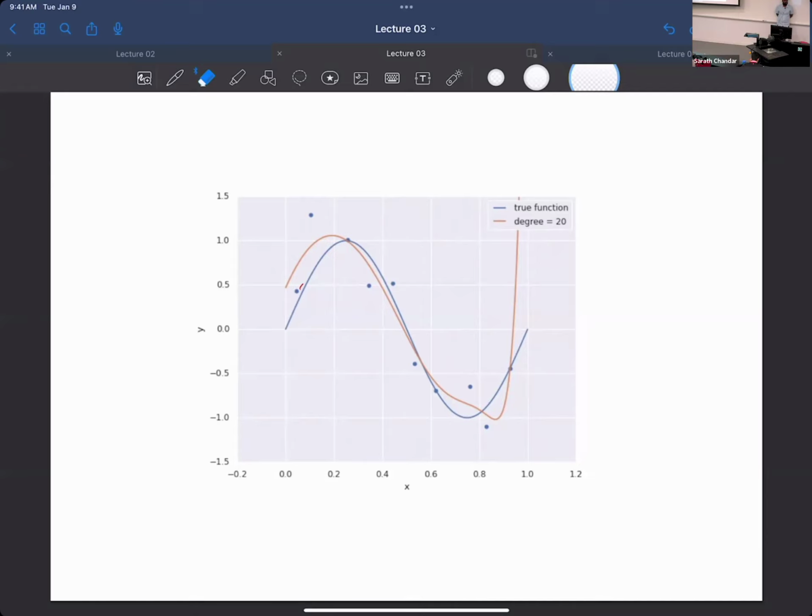With gradient descent, we typically initialize the weights to a very small value, right? So we are already initializing the weights to a small value. And the nature of gradient descent is to just find the closest solution. In this example, when you have 10 data points and a 20-degree polynomial, there are infinitely many possible solutions.